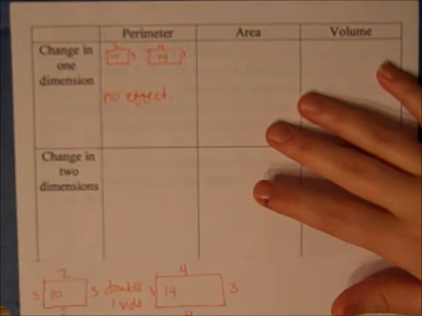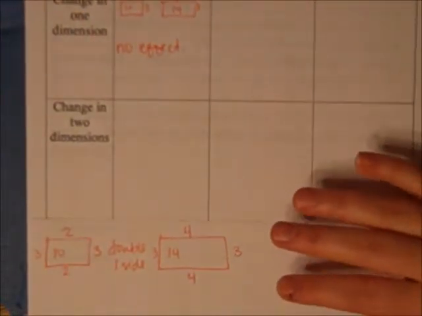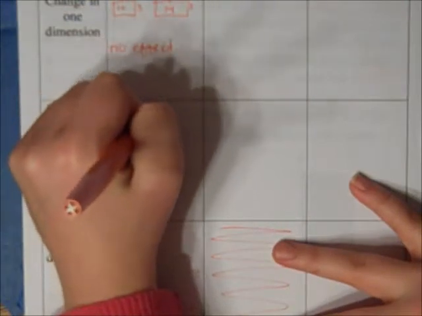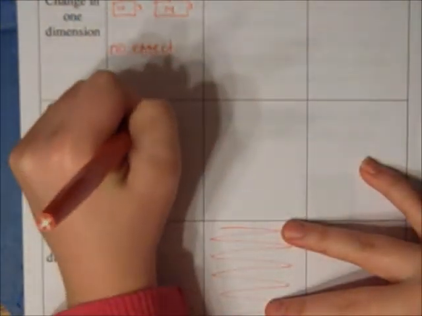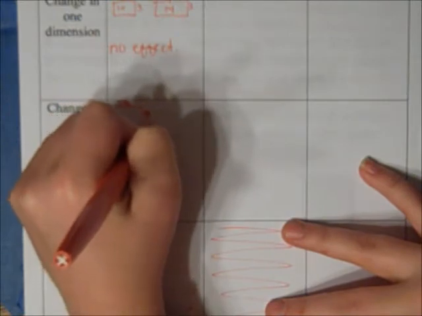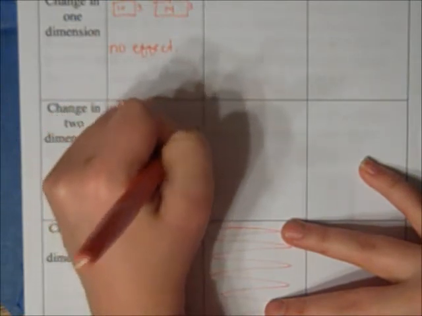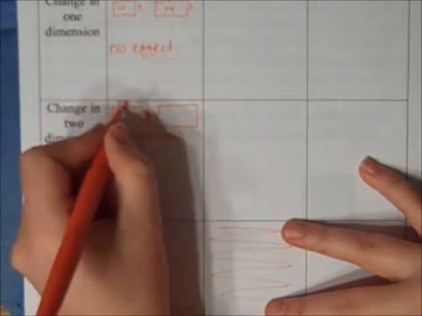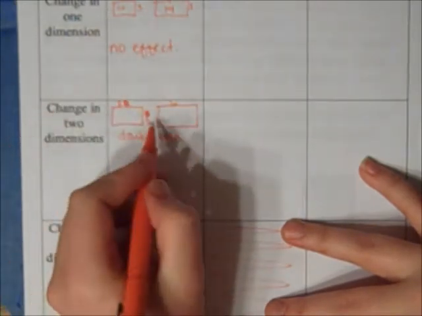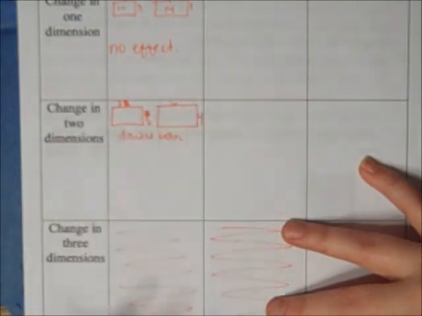Let's keep with perimeter. Now let's see what happens if I change 2 of the dimensions. So I still am going to have my 2 by 3. Why do I keep doing that where I draw it backward? Now I'm going to double both dimensions. So when I redraw this, now instead of 3, I'm going to have 6. Instead of 2, I'm going to have 4.